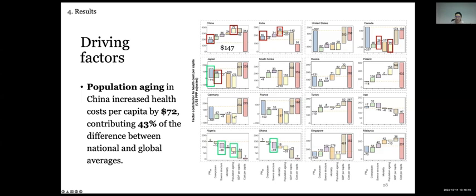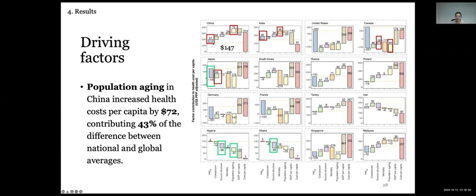And for the positive values, it means that the corresponding factors drive the health cost per capita in the corresponding country larger, whereas if you have negative values on top of the bars, it means that these factors actually decrease health cost per capita in a given country.